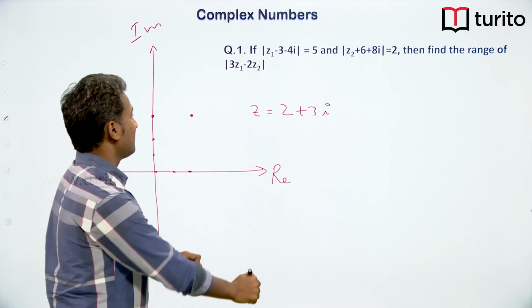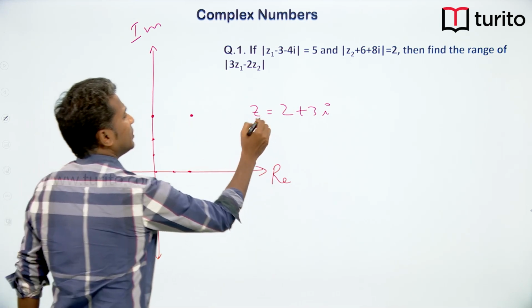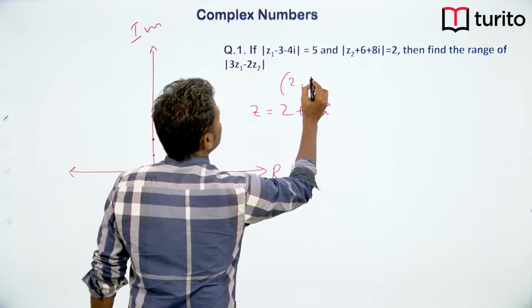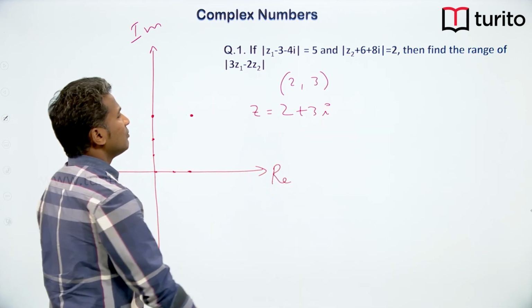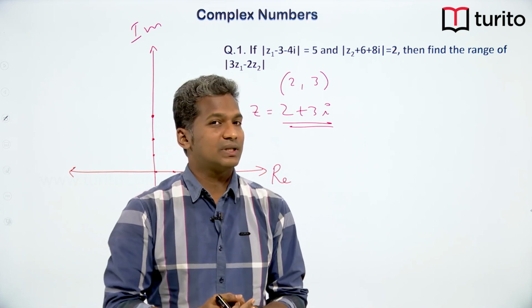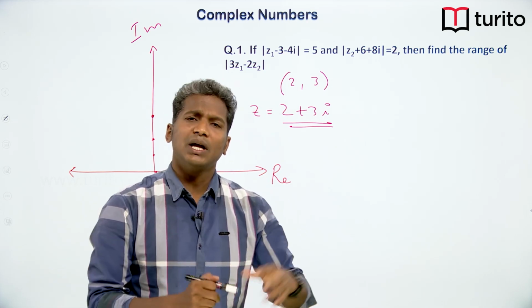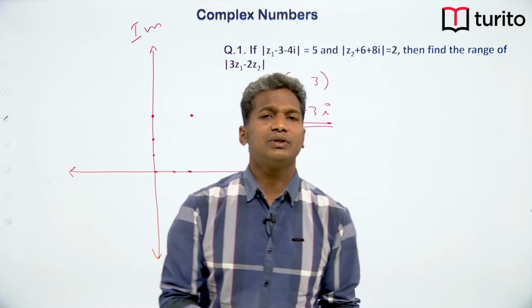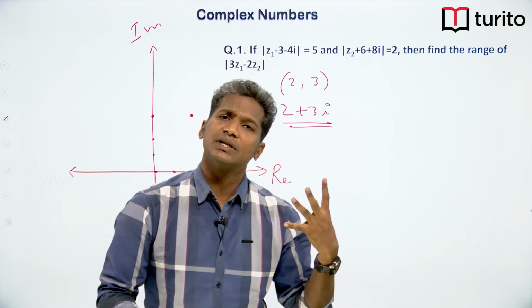Please get used to it. Because this also represents this point (2, 3), we can also treat the complex number as a position vector. Is this clear? So z is a number, it is a point, it is a vector. So there are 3 types of identification for z.